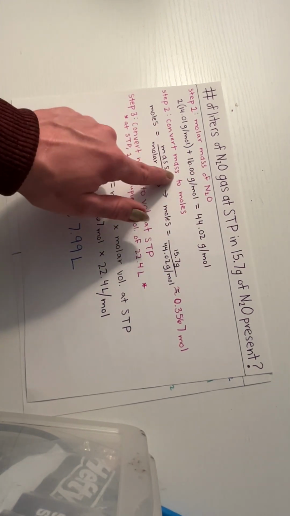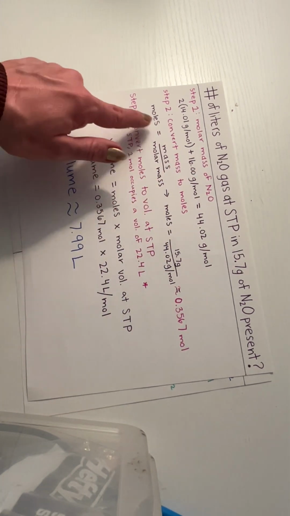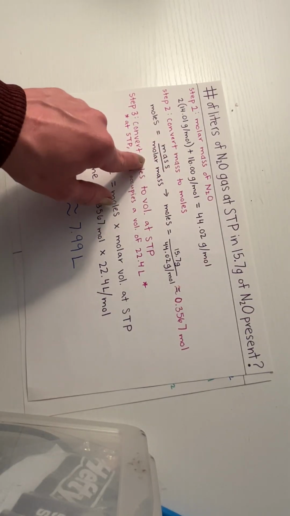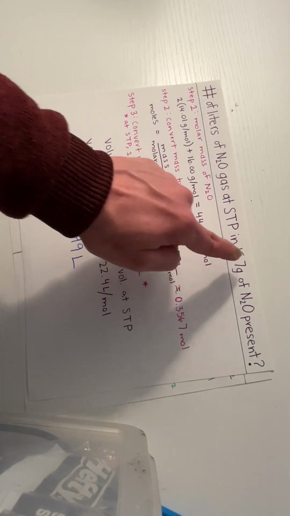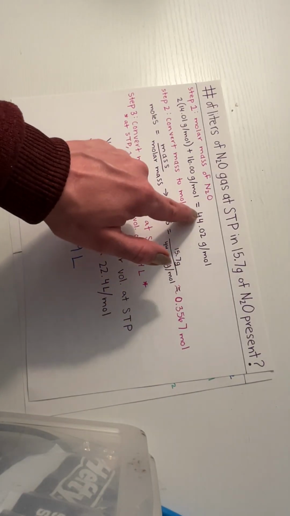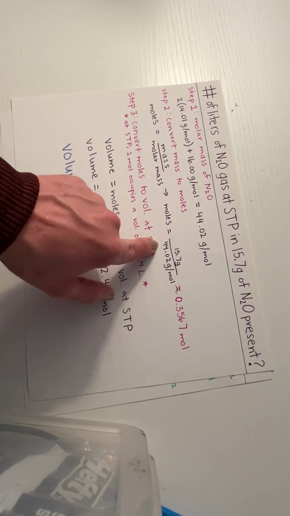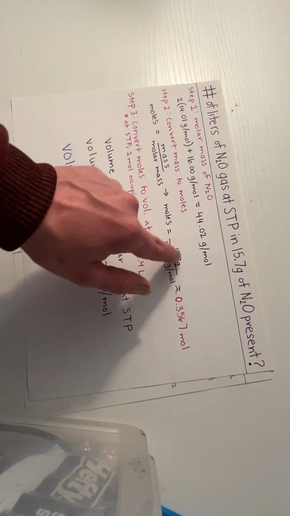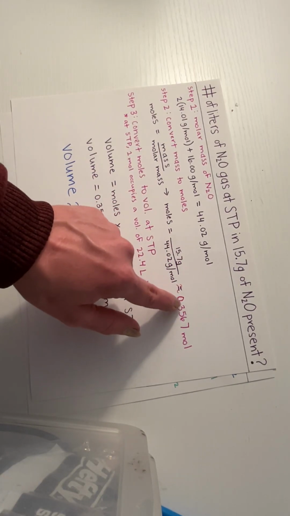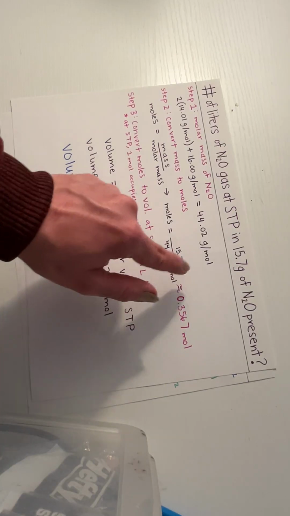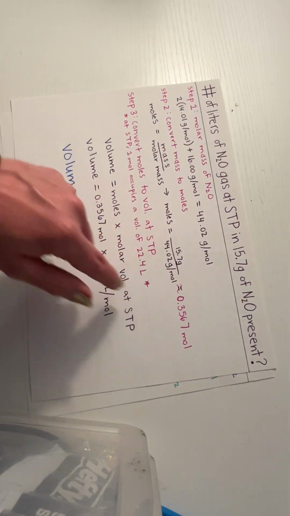And then we're going to convert the mass to moles. So moles equals mass over molar mass. So the moles equals 15.7 grams over the molar mass we calculated, 44.02 grams per mole, which is going to equal about 0.3567 mole. So the grams here are going to cancel each other out.